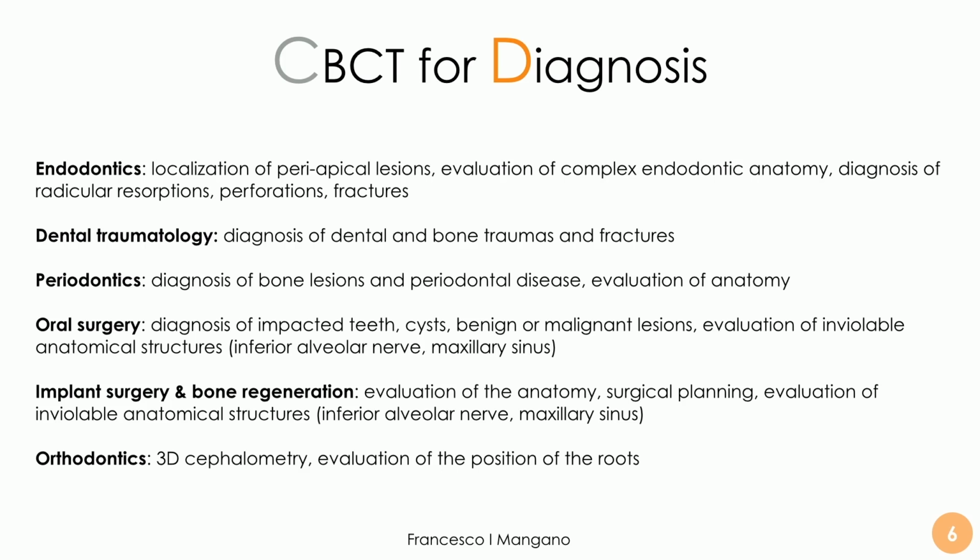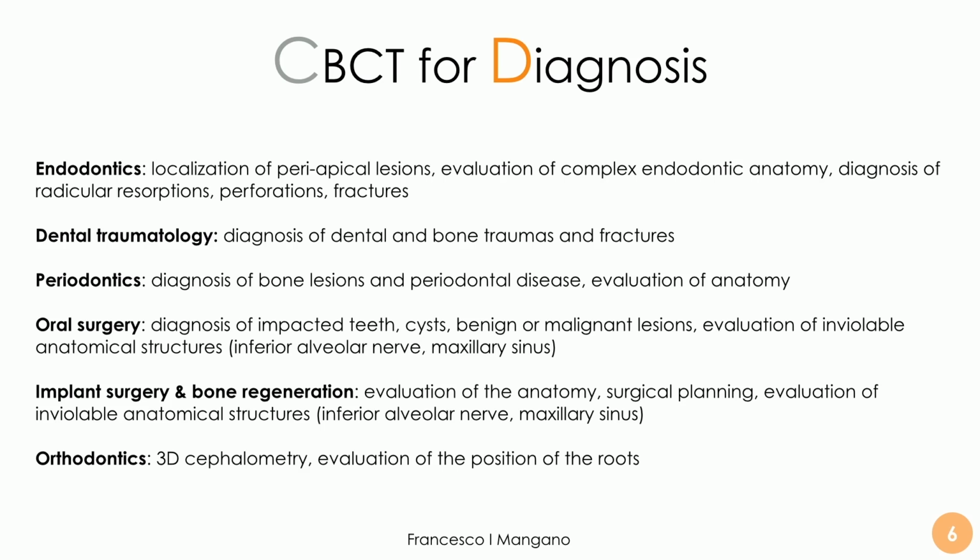For example, when we plan our implant surgery, we need to evaluate very well where to place our implant. We need to understand if there is a sufficient amount of bone in terms of height and thickness, and we need to see the distances, the relationship between our planning and the inviolable anatomical structures, like for example the nerve.